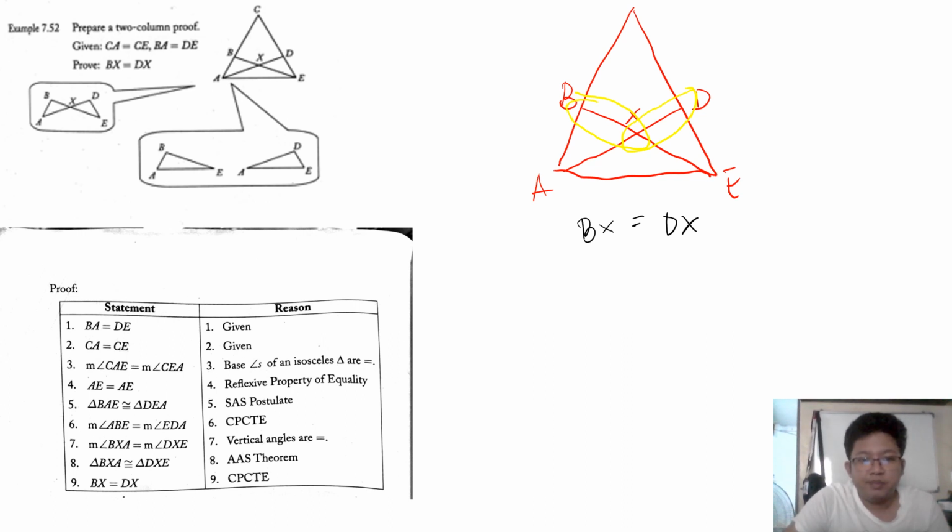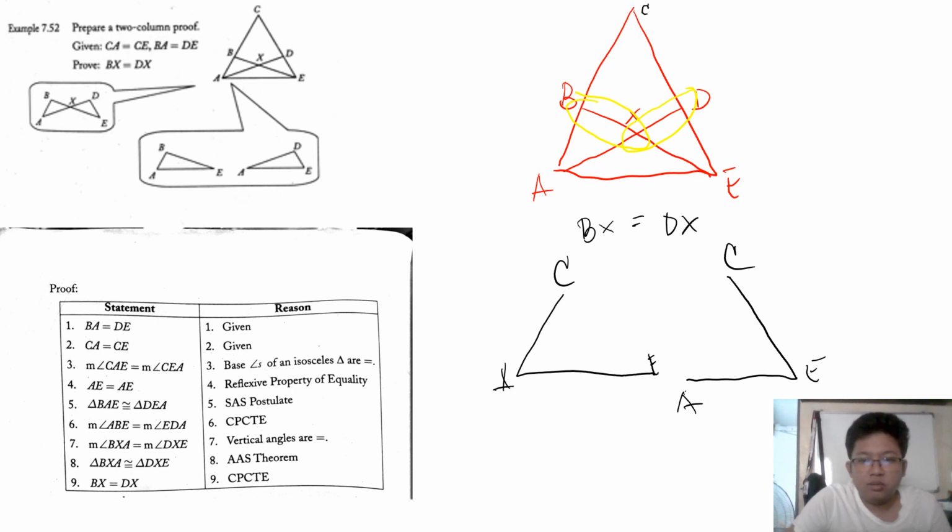So, given sila. So, the measurement of CAE, asan CAE natin? At C natin, ano? So, CAE, so, technically, ito yun. Yan, yung malaking yan, CAE equals CEA. So, equals daw doon sa kabila.